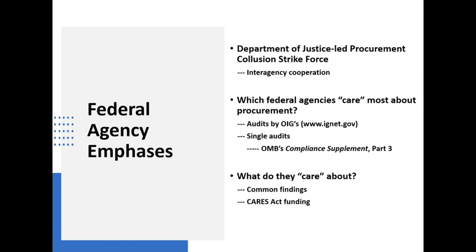You can go back 6 months or you can go back 6 years. Most of the IGs have archived the last 10 years of their audits as a warning to, this is what we're after when we come looking.